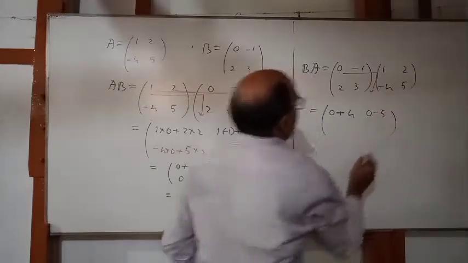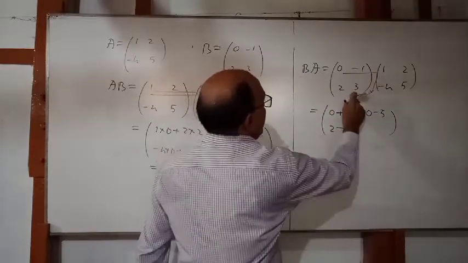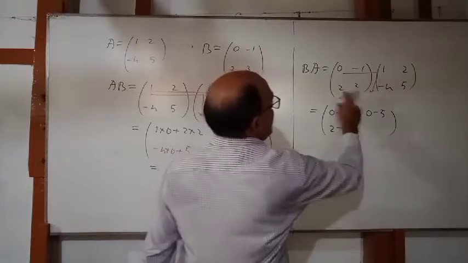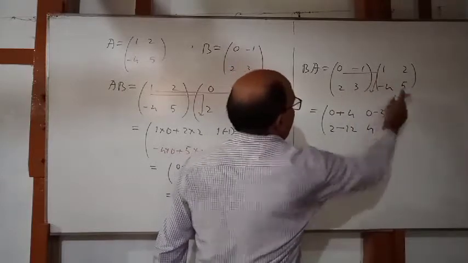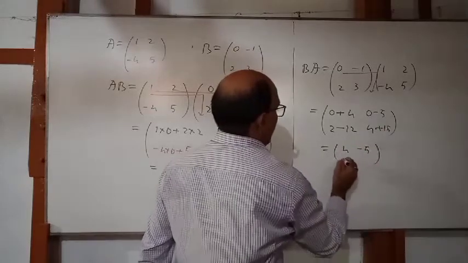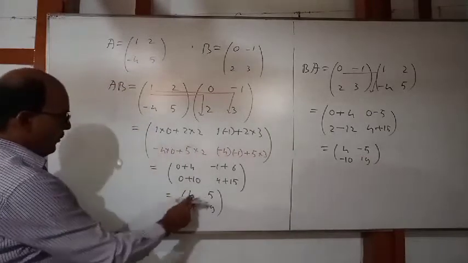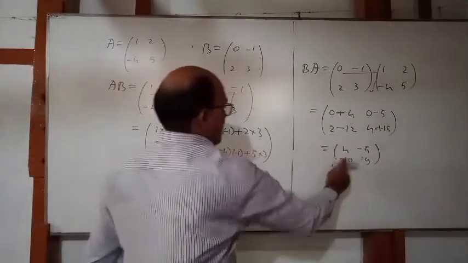So directly we write minus 5. Similarly, second row, 2 into 1, 2, 3 into minus 4, minus 12. 2 into 2, 4, 3 into 5, 15. See the answer. 4, minus 5, minus 10, 19.